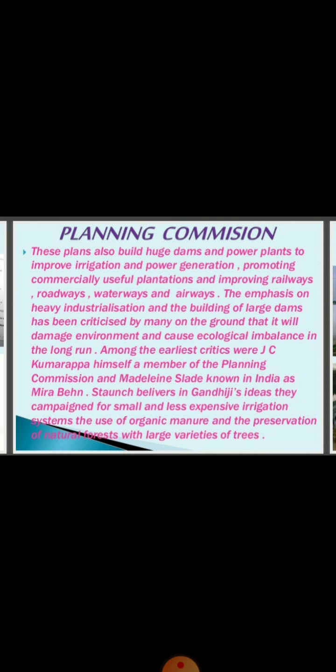The Planning Commission also builds huge dams and power plants to improve irrigation and power generation. That was the demand of that time. It also promotes commercially useful plantations and improves railways, roadways, waterways, and airways, which are known as the lifeline of the Indian economy. Not only of India's economy, but also of any nation's economy.